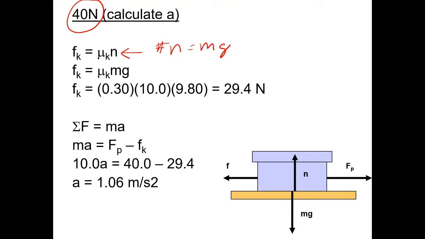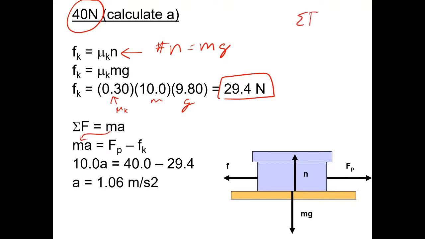So kinetic friction is always less. Kinetic was 0.3, that was the mu. Then we had the mass and gravity. So kinetic friction is 29.4 newtons. Since we're pulling greater than 39, we said 39 is the minimum we need to move it, we're going to move this box, and we'll assume it's accelerating.